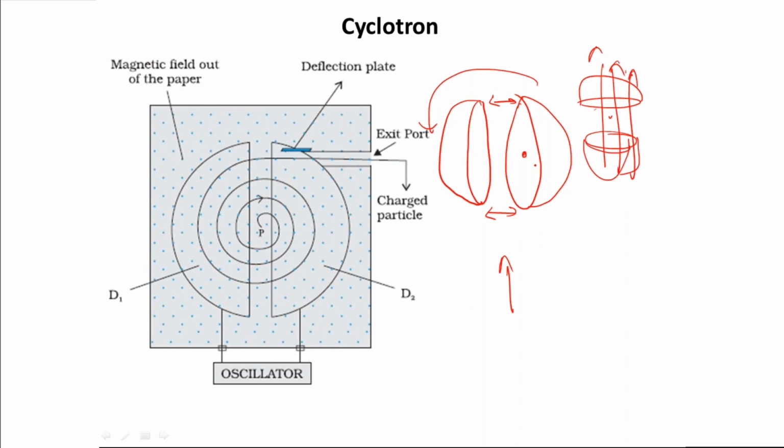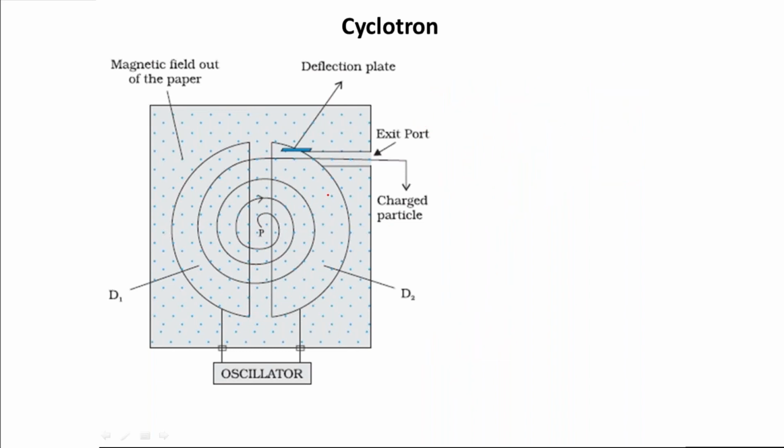Only when it comes near the edge of the D and crosses the gap will the charged particle be acted upon by the electric field. The electric field can reverse its direction. We use an oscillating electric field here, an oscillating voltage, so that it can reverse its direction. I'll tell you the situation when I discuss it.